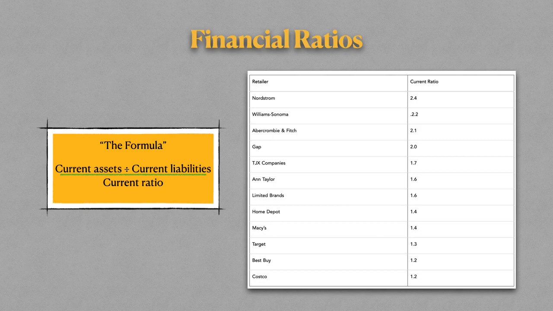Factors keep a watchful eye on the fiscal status of retailers and will refuse to approve shipments to stores whose financial statements tend to signal the inability to pay promptly. So let's take a look at the formula for financial ratios. It's current assets divided by current liabilities.